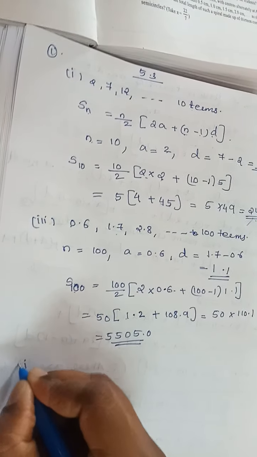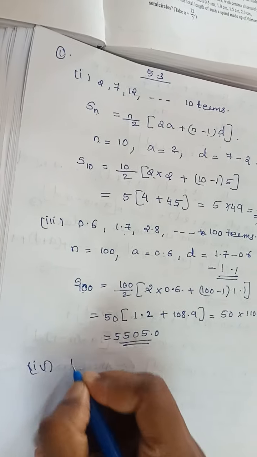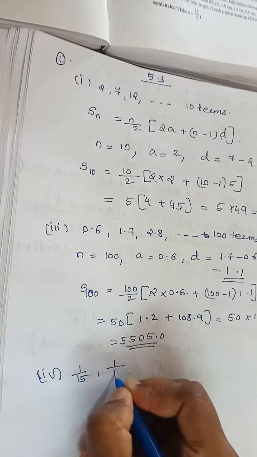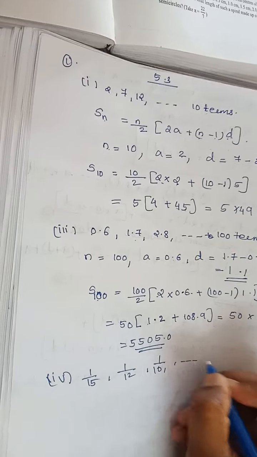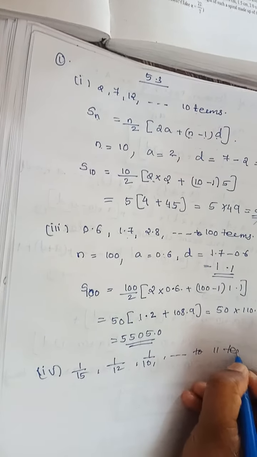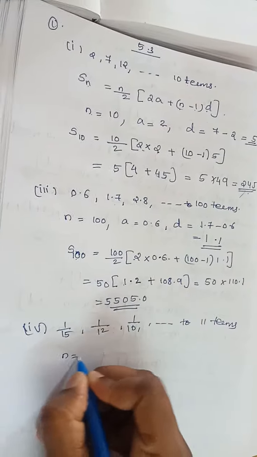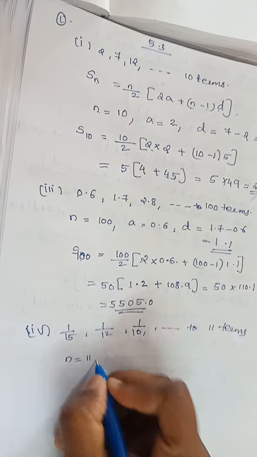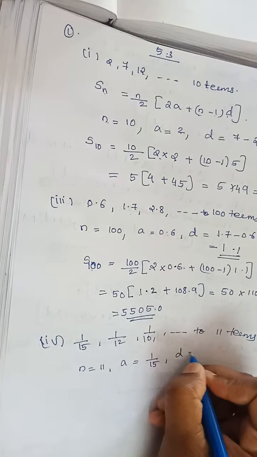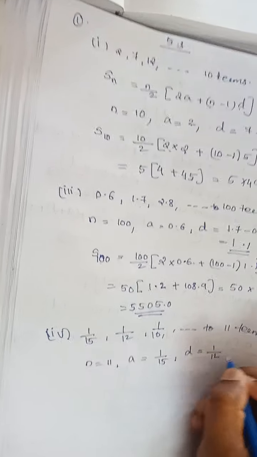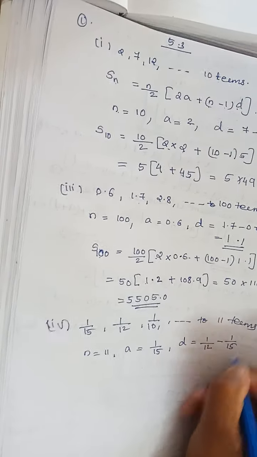Next, the fourth part: 1 by 15, 1 by 12, 1 by 10, and so on, to 11 terms. So we got n is equal to 11. A is equal to the first term, 1 by 15. D is equal to the second term, 1 by 12, minus the first term, 1 by 15.